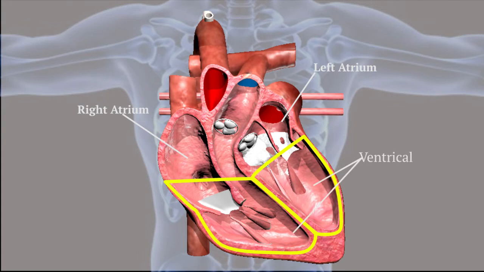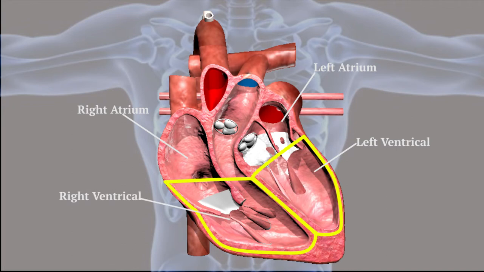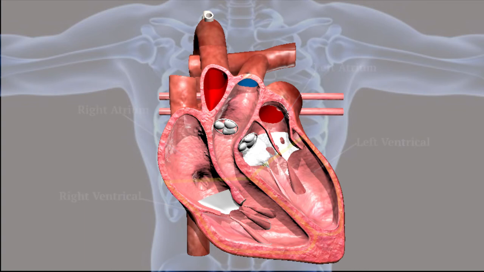The right side upper chamber is known as right atrium. The left side lower chamber is known as left ventricle and right side lower chamber is known as right ventricle. Now let's see how blood circulation is going on in heart.